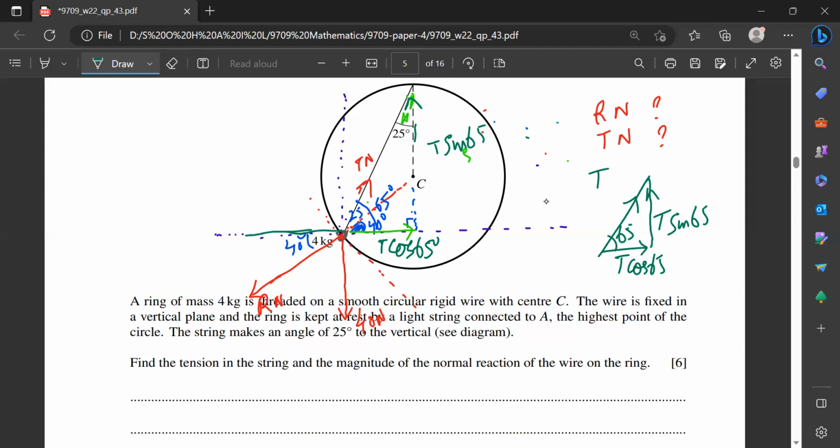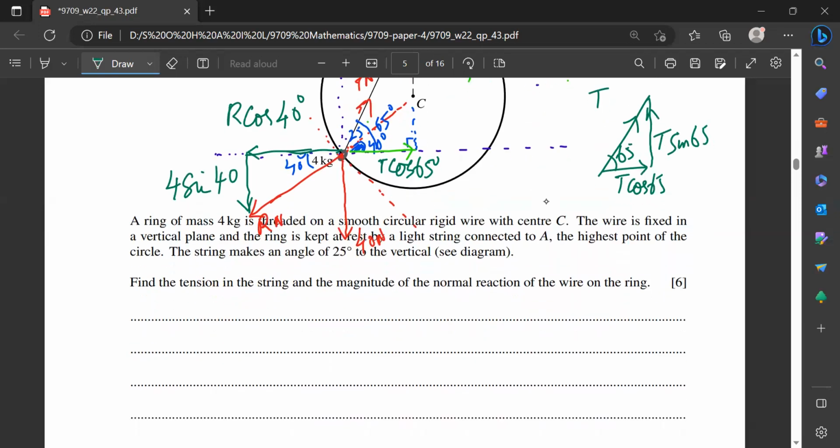Also, leftwards and downwards, this is R cos of 40 and R sine of 40. And the 40 newtons is already vertical.